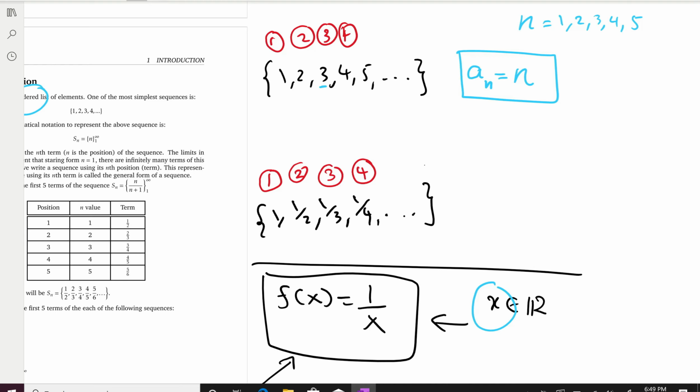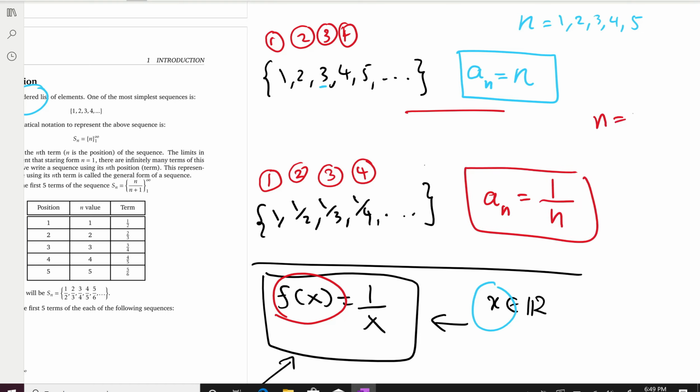Now a sub n is playing the same role as f(x). So that's the notation, and n is actually the position of the sequence. This is not a very good example to see this. In the second example, I can say a sub n is 1 over n, because when n is equal to 3, what is the third term of the sequence? 1/3.